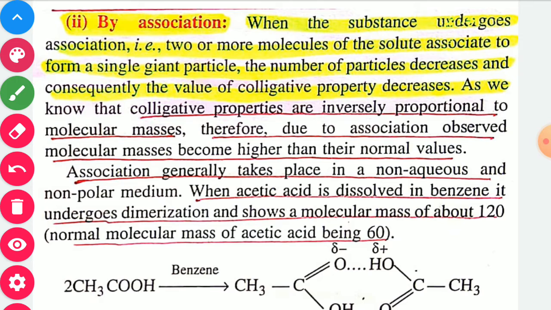The process in which two molecules associate is known as dimerization and shows a molecular mass of about 120. The normal molecular mass of ethanoic acid, that is acetic acid, is 60. And we know that colligative property is inversely proportional to the molar mass. So here the molar mass approximately doubles. Therefore, the colligative property decreases.